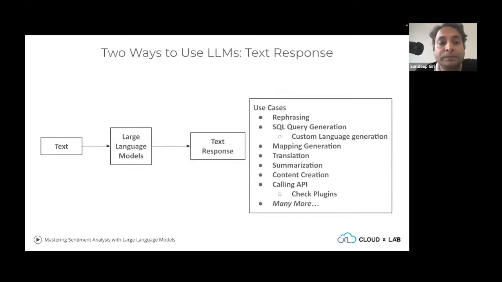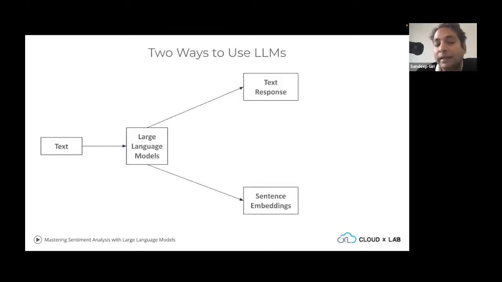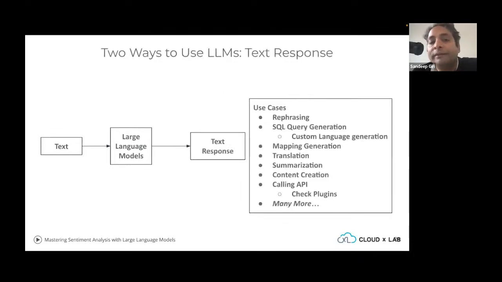Now, the first response is pretty simple: you give the input, let's say you say, correct the grammar in this sentence. So it will correct the grammar. When it comes to text response, this is something which everybody has learned pretty well, and people are learning creative use cases.